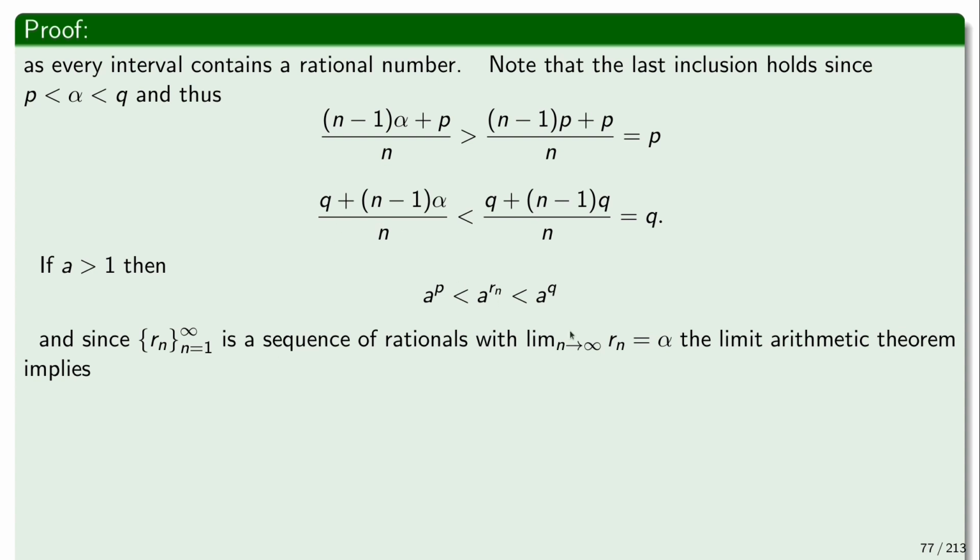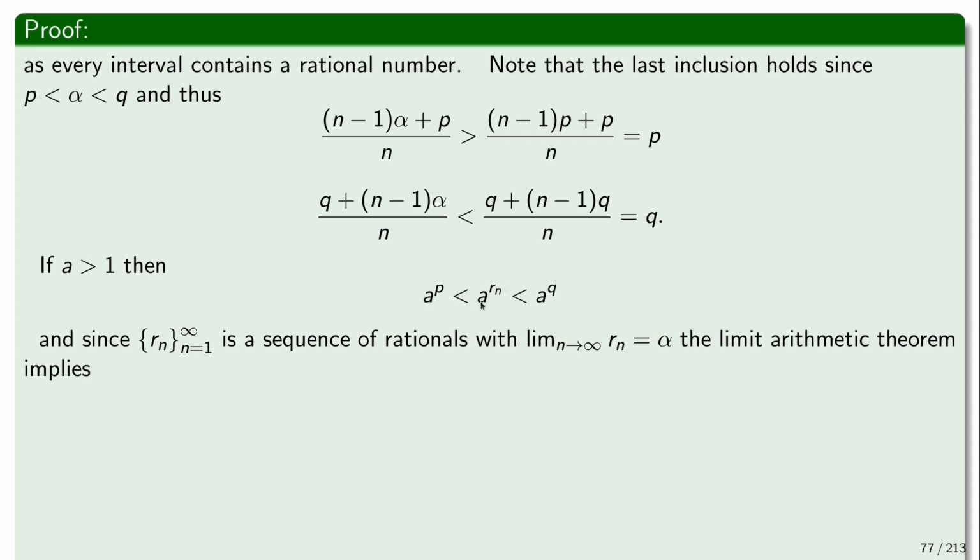So we've now proved that for every sequence of rationals that converges to alpha, a to the power of r_n is going to be a convergent sequence. It doesn't matter which sequence we pick, and the value is going to be the same for every sequence, and the value to which it converges is actually the definition of what it means to take a to the power of alpha.